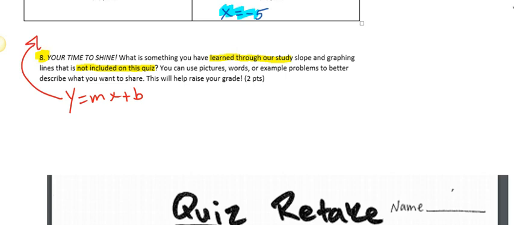I mean, isn't that what these questions up here were just asking about? Other people wrote some good sentences, which was awesome. Most people earned some credit. What I would really love to see moving forward is some examples or pictures or words to better explain what you're trying to tell me that you learned that I didn't ask about. Okay? Remember, you can pause at any time. I'm going to keep going.